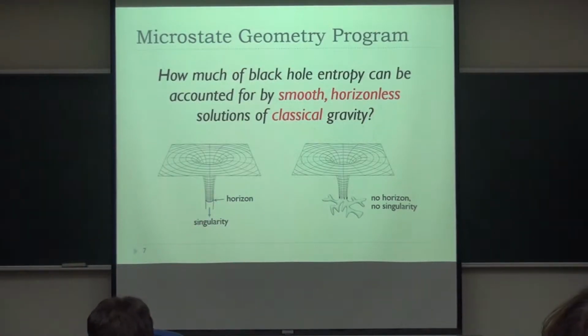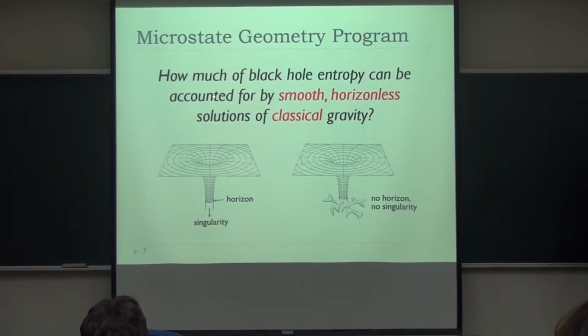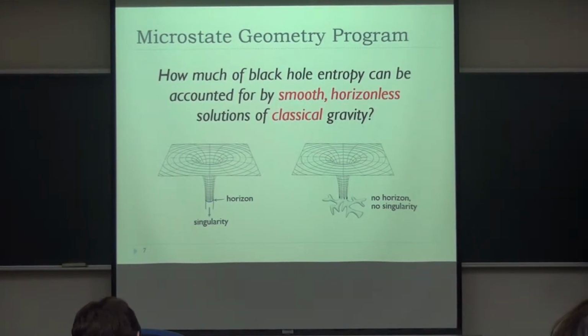And the microstate geometry program is asking how much of such black hole microstate geometries, so how much of the black hole entropy, can be accounted for by smooth horizonless solutions of classical supergravity? In general, you think that the microstates are stringy, but there are certainly some microstates which are represented by classical gravity, and how much of the black hole microstates are described by such classical things?